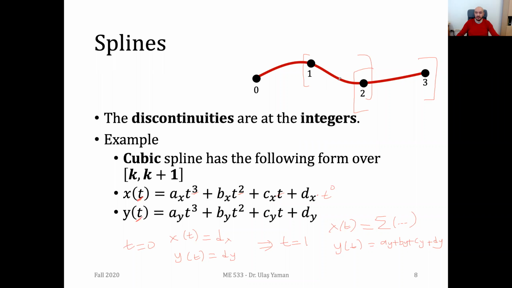If you want to determine a specific point here, you should give the appropriate t value and obtain the exact coordinates of all these intermediate points. That's why we call it a parametric representation. This is our parameter t, and with the help of it, we can represent the splines.